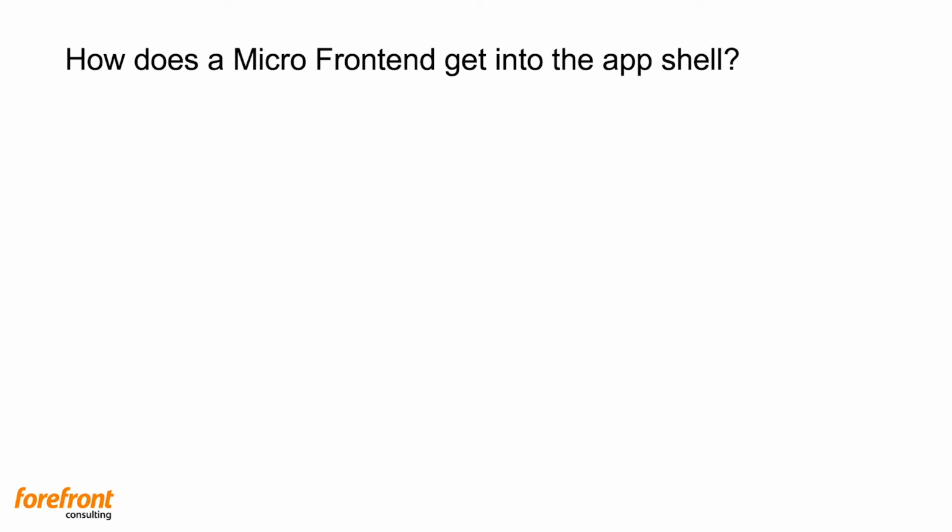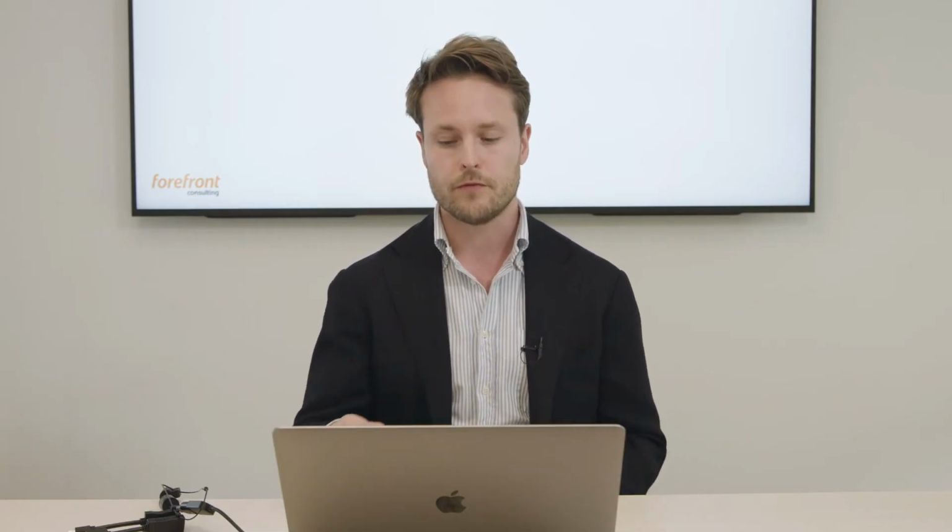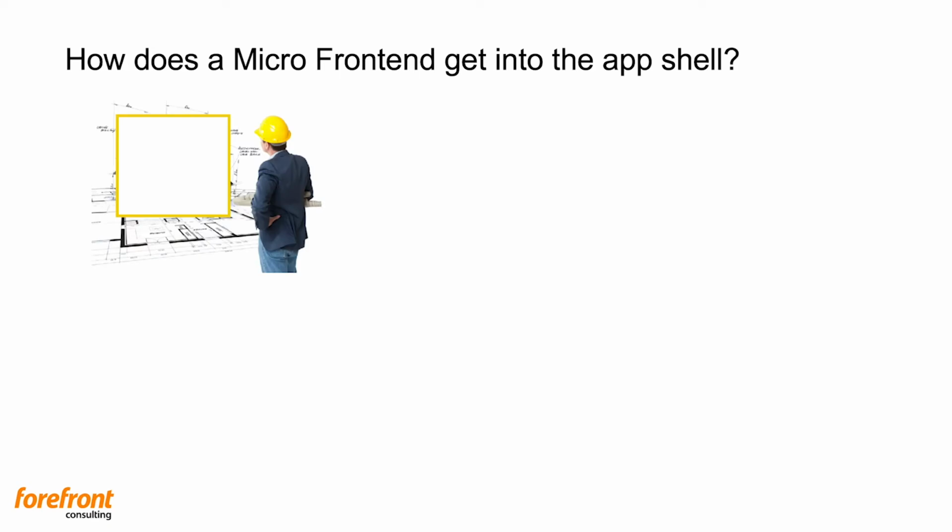So how does a micro frontend get into this app shell? We'll start looking at this from a more high-level view. Starting out, we can say that an application is this yellow square here. We're building it, spending a few sprints on it, and once we're happy, we can start deploying it.